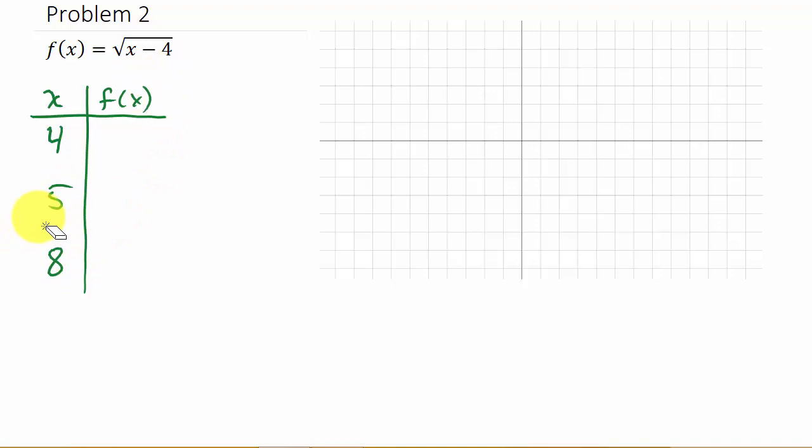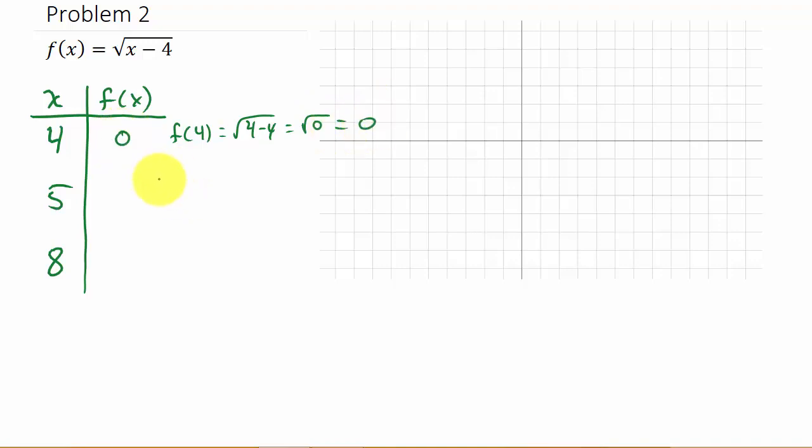Okay, all right, so now what we need to do is plug each one of these x values in and get our y value. So f of 4 is the square root of 4 minus 4, which is the square root of 0, which equals 0.